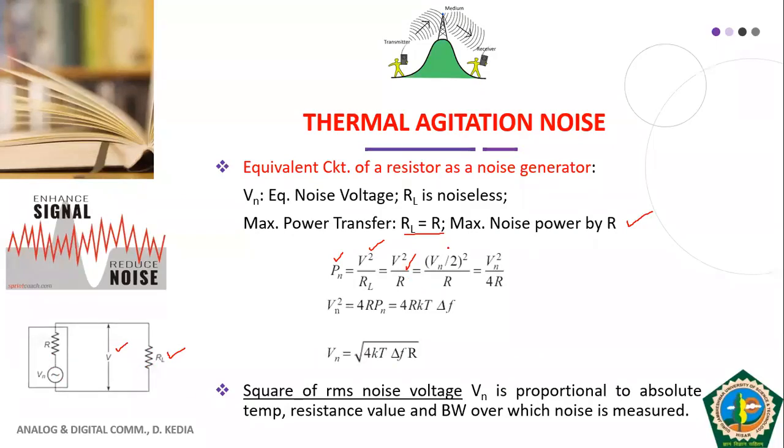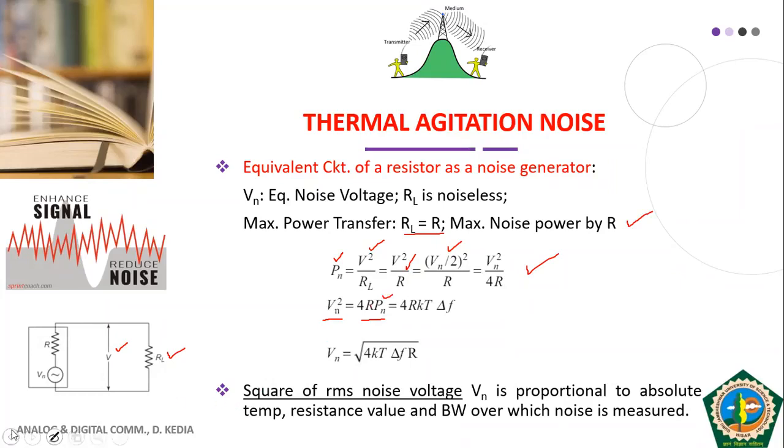So your V is Vn by 2, whole square by R, and we get noise power equal to Vn square by 4R. From here we get Vn square equal to 4R Pn.